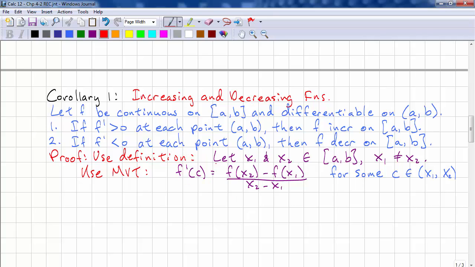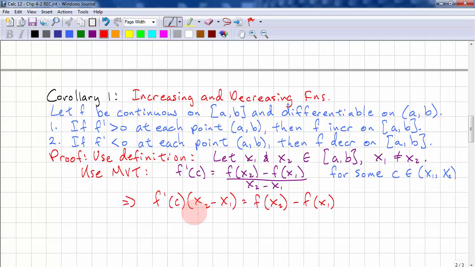So we're saying the derivative at c must exist, and it's going to be f of x2 minus f of x1, all divided by x2 minus x1, for some c in between x1 and x2. Okay, let's rearrange this. We're going to move this over to the other side, so we have f prime of c times x2 minus x1 equals f of x2 minus f of x1.